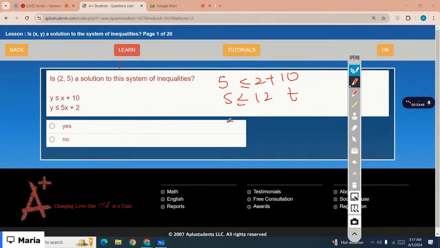Equation 2, y is less than or equal to 5 times 2 plus 2. That is 5 times 2, it is, right? Hold on.